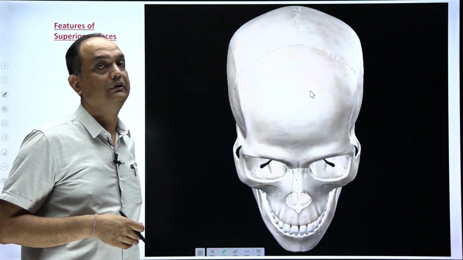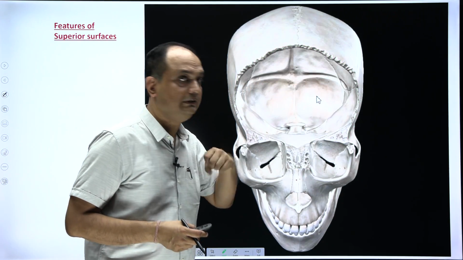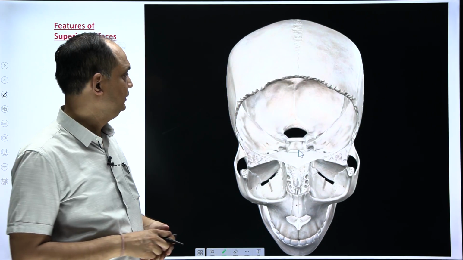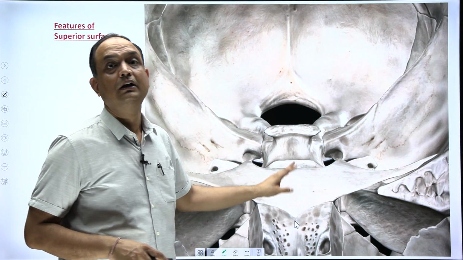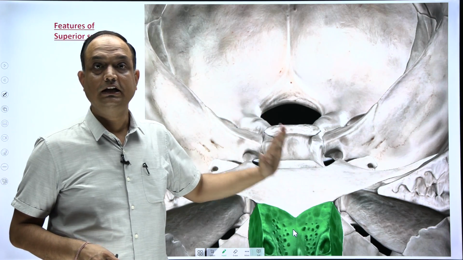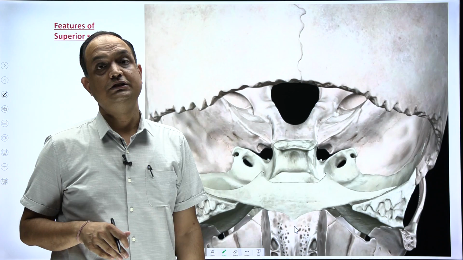Here, if you see the cranial cavity, we have removed the frontal bone. Now inside, you can see the inner side of the cranial cavity, where you are able to see the superior surface of the sphenoid bone.